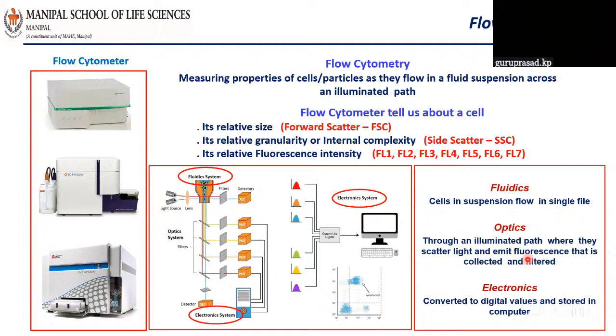The cells scatter the light and they fluoresce. This scattered light and fluorescent light is collected in the machine, and the collected light is converted into electronic signals, in other words digital values, which are stored in FCS format in the machine.